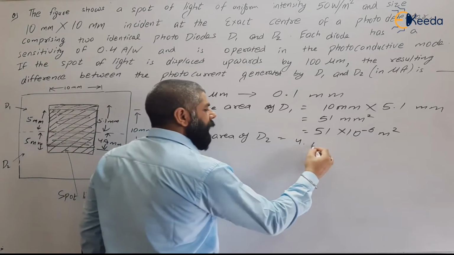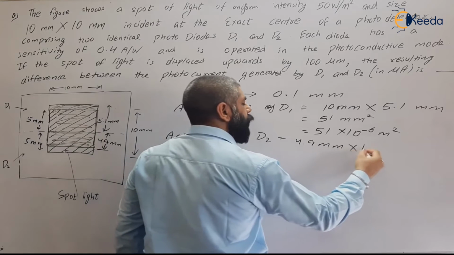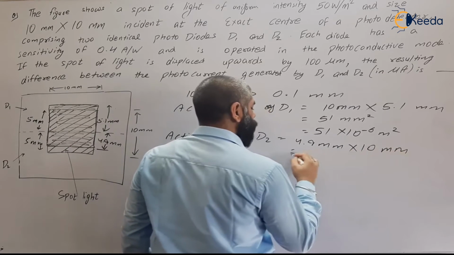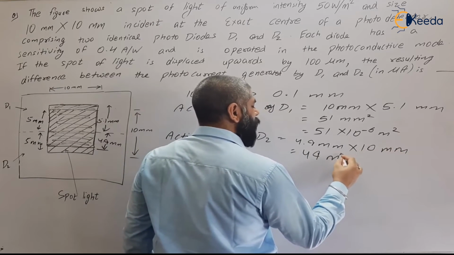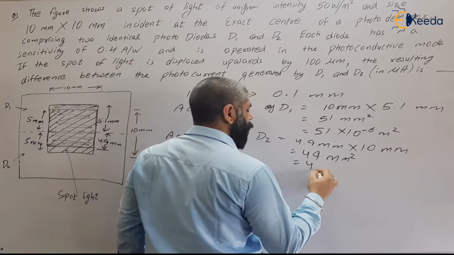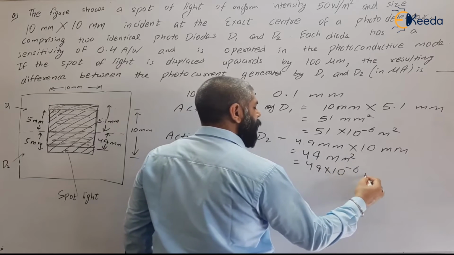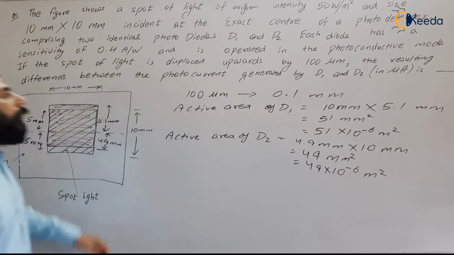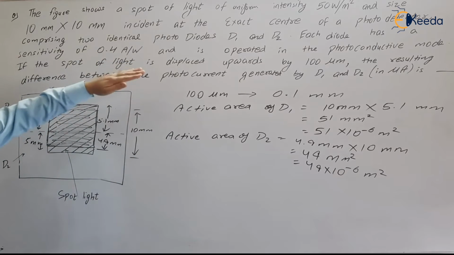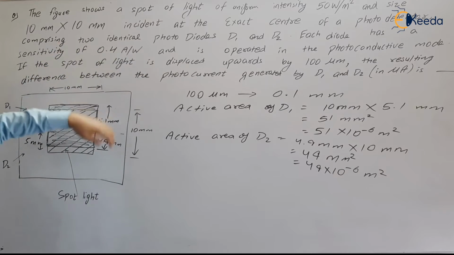So 4.9 mm into 10 mm will come out to be 49 millimeter square, or we can write 49 into 10 raised to minus 6 meter square. Now next information given is the intensity and the sensitivity.